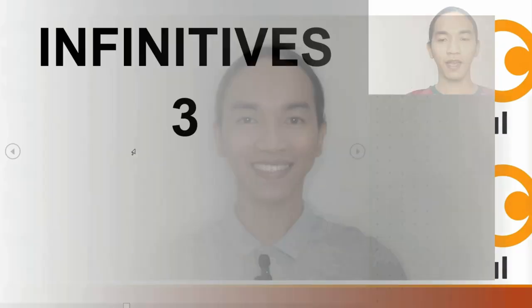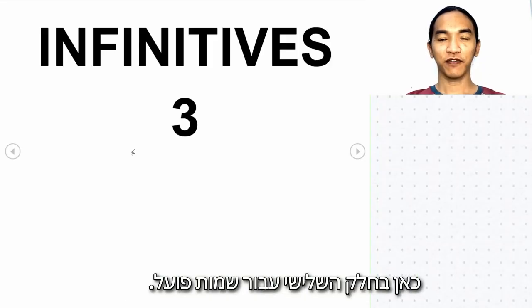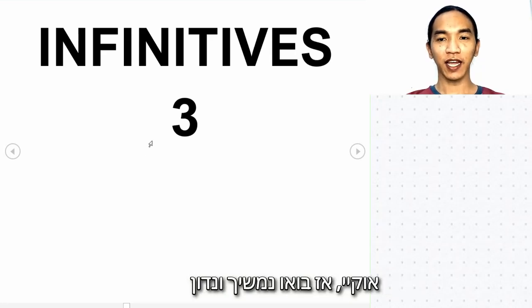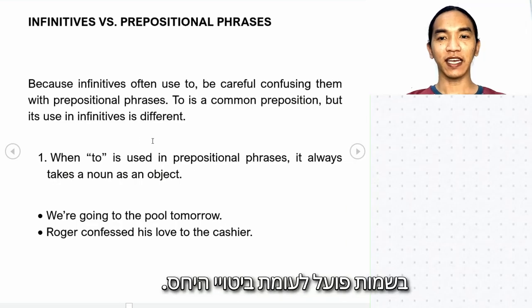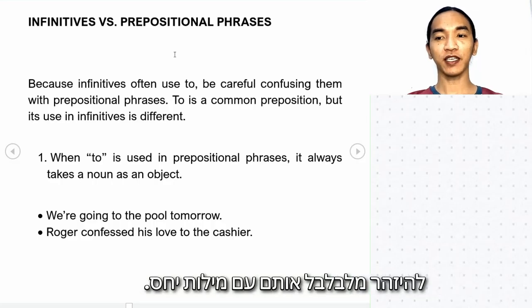Let's go ahead and talk about our lesson here for the third part, for the infinitives. Let's discuss the infinitives versus the prepositional phrases. Because infinitives often use to, you have to be careful confusing them with prepositional phrases.